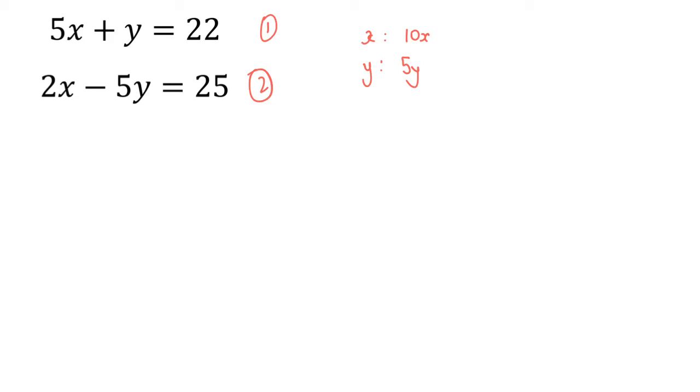So the 5y is going to be the easier option there, because all we need to do is multiply equation 1 by 5. And if we do that, we get 25x plus 5y equals 110. And then equation 2, we can write that underneath as 2x minus 5y equals 25.